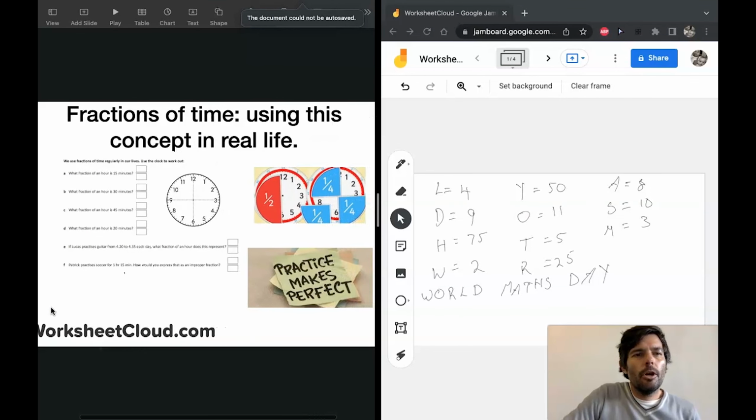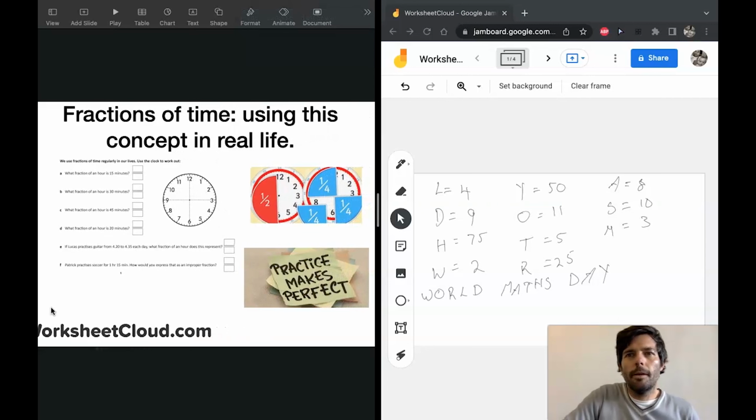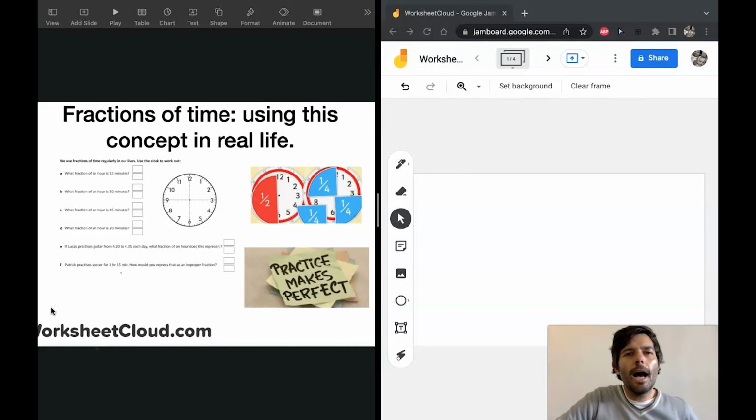I'm going to stay with the Jamboard for this one. Let's have a look. Fractions of time, using this concept in real life. Teachers like to use fractions of time. If you think about how we talk about time, 7:15, 8:30, 9:15, there are fractions there already.